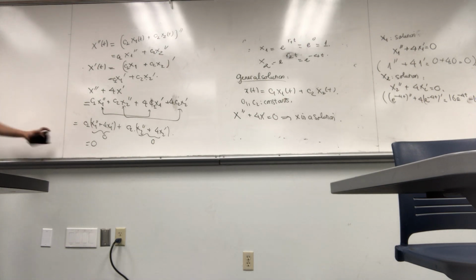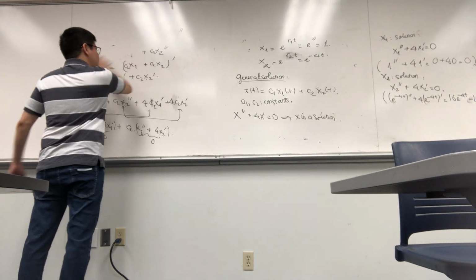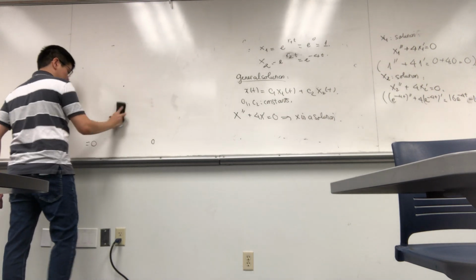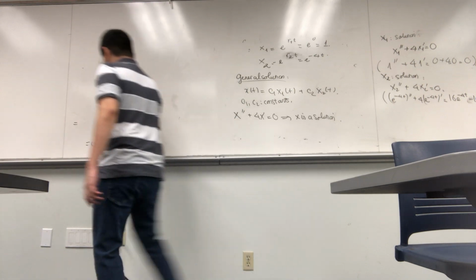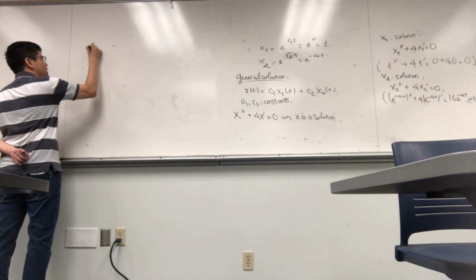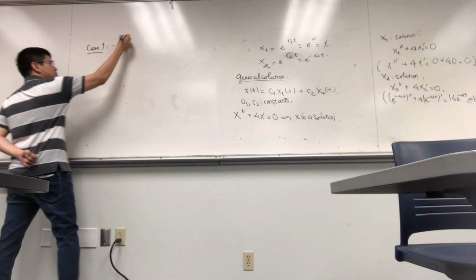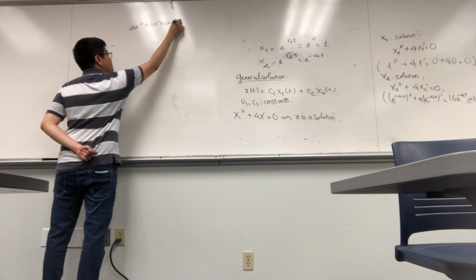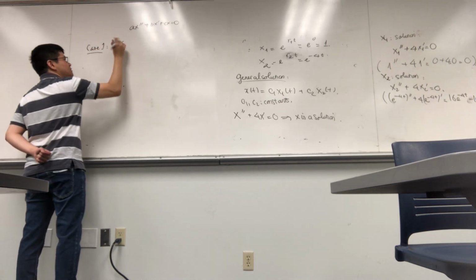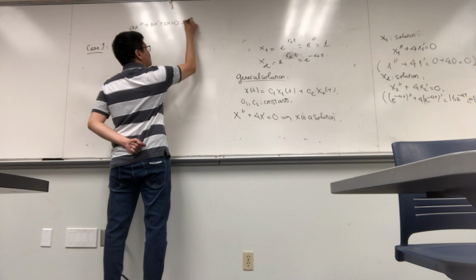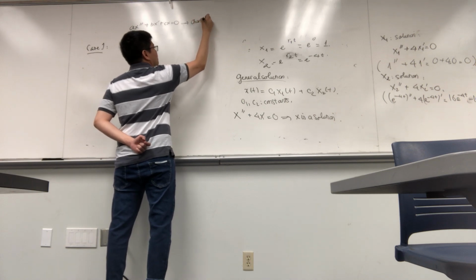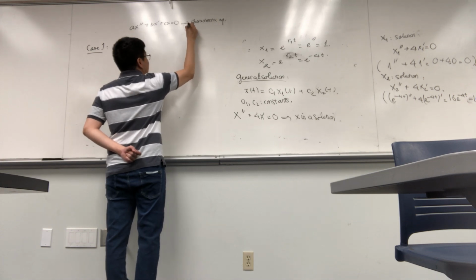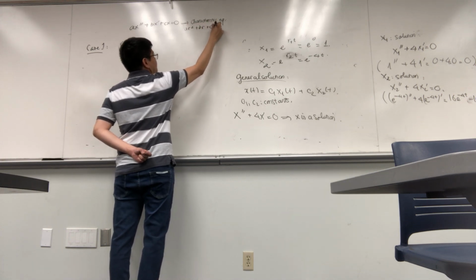So we finished the first case. To summarize, case number one. This is the equation that I want to solve: x'' plus bx' plus cx is equal to 0. The characteristic equation will be a r squared plus br plus c equals 0.